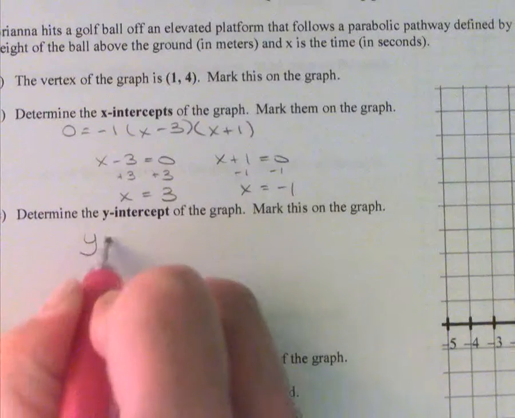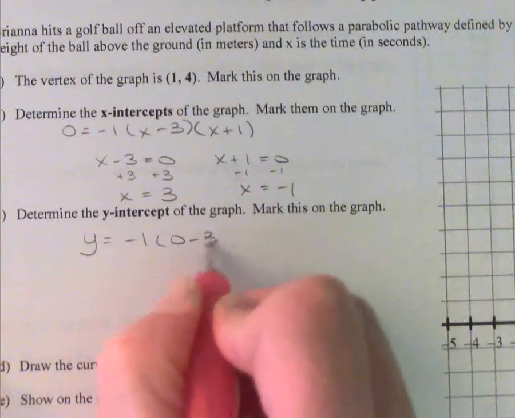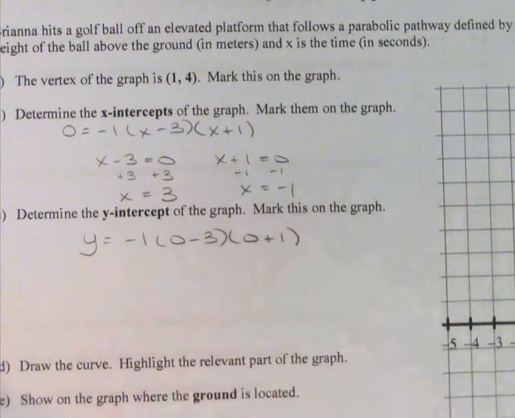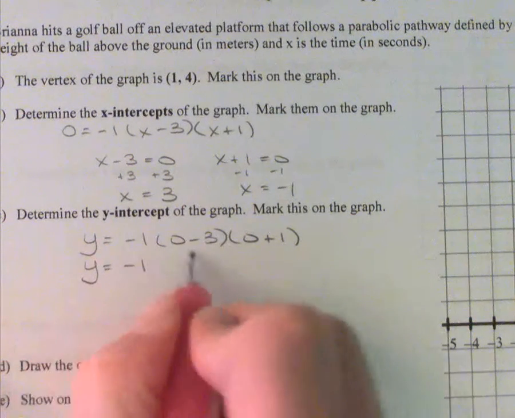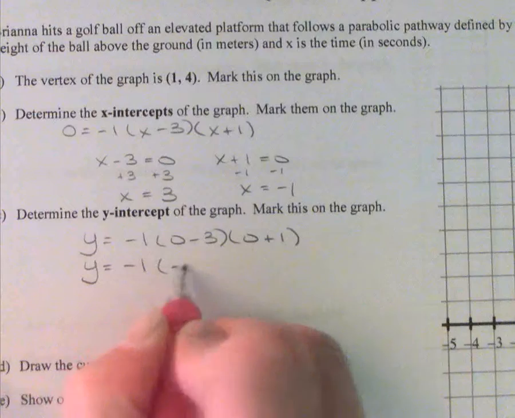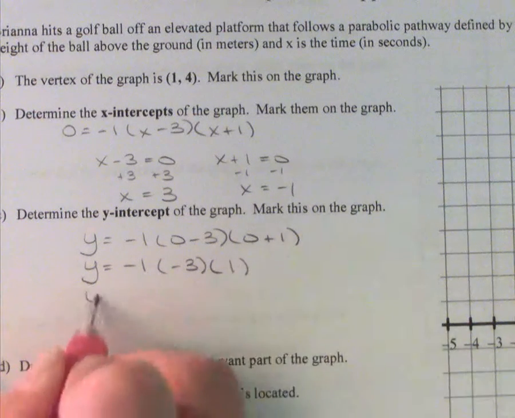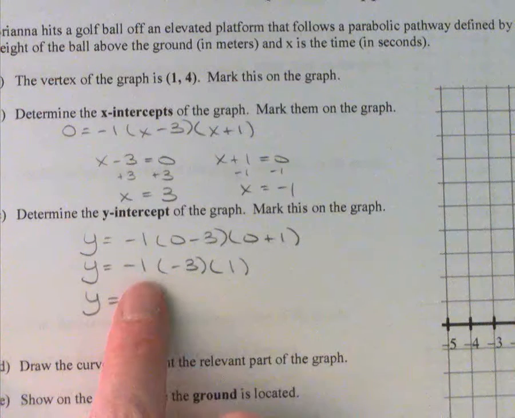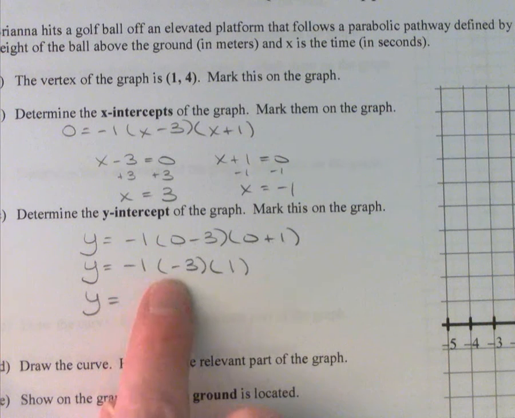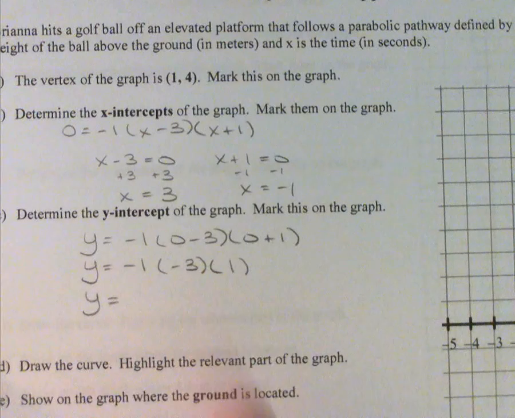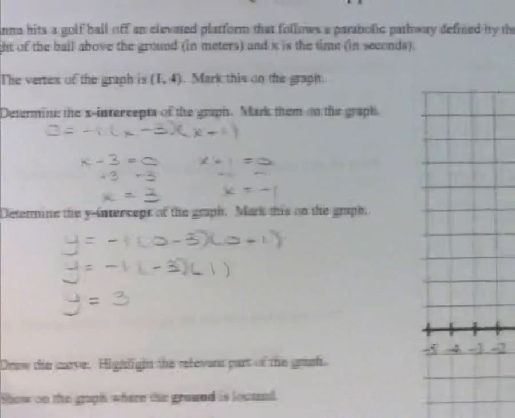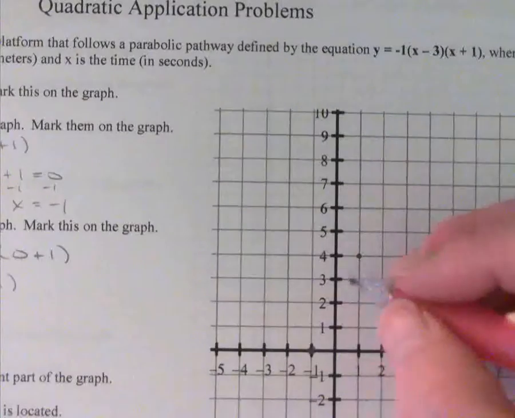So I have y equals minus 1, (0 minus 3), (0 plus 1). 0 minus 3 is minus 3, and 0 plus 1 is 1. So now I can do minus 3 times minus 1, which is 3, and 3 times 1 is still 3. So my y-intercept occurs at 3.